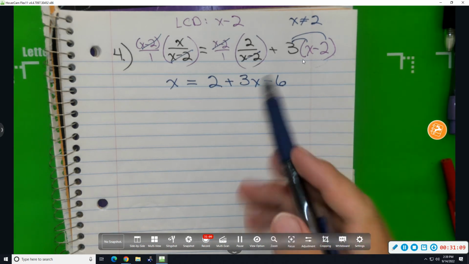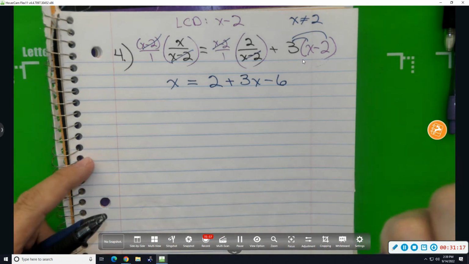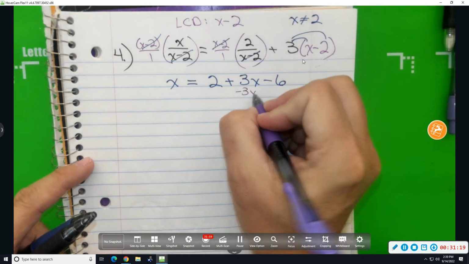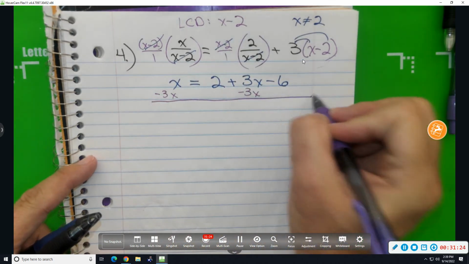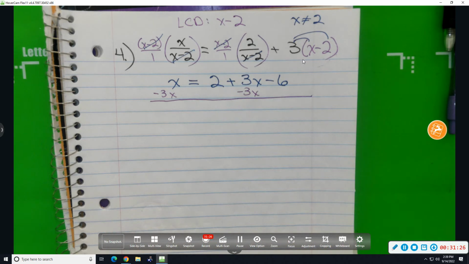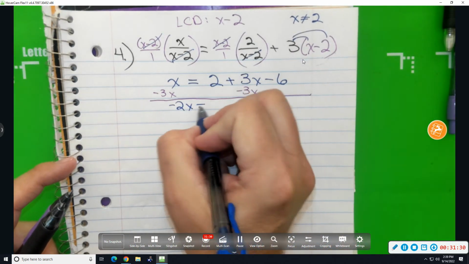I think I'll move this 3x over to the left by doing what? Subtract 3x, so I'll go minus 3x and a minus 3x. 1x minus 3x gives me negative 2x.